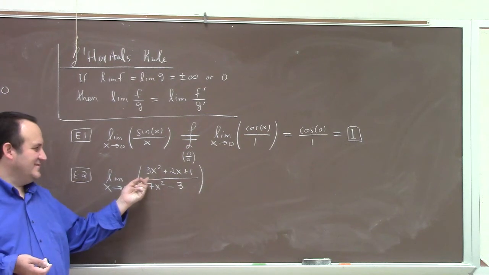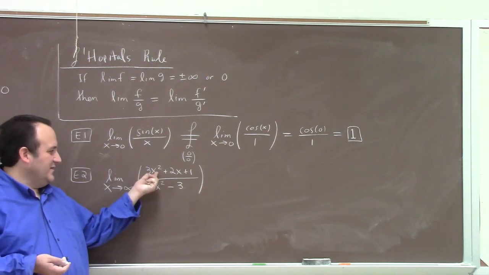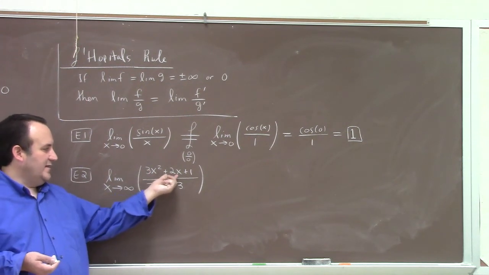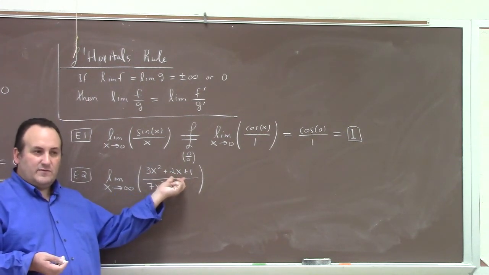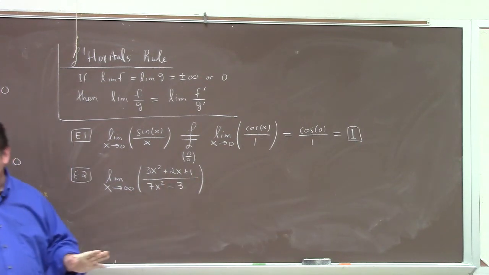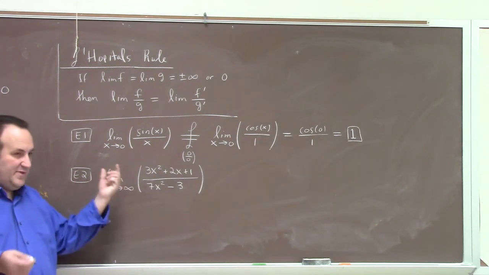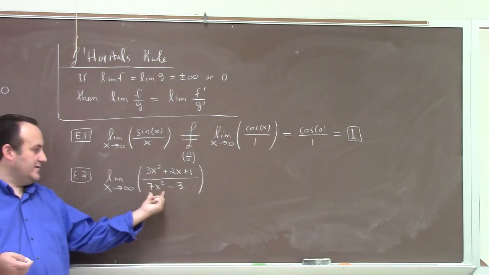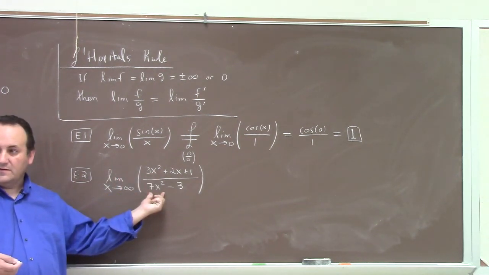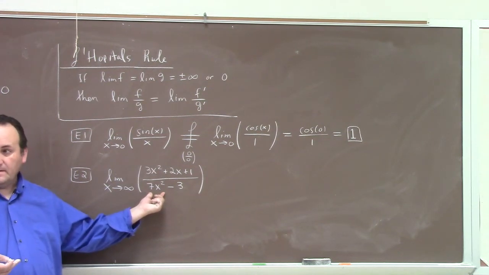Really? Anyway, 1 billion squared is ginormous, and then you've got 2 billion. So the ones that aren't the leading terms are irrelevant as x goes to infinity. All that matters is the biggest guy on the block, the 3x squared and the 7x squared. Those completely govern the asymptotic behavior of this function as x goes to infinity.